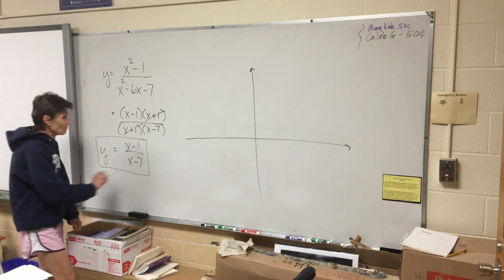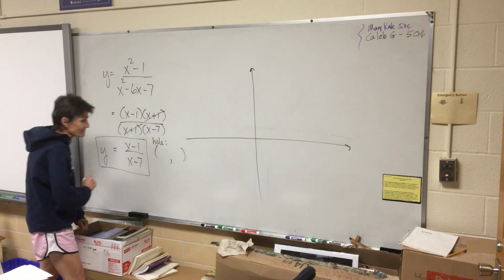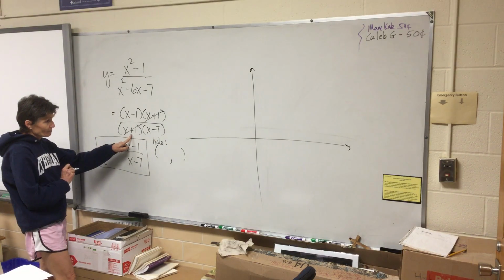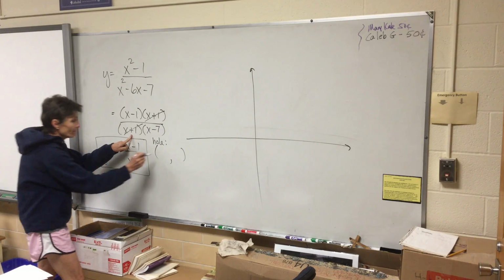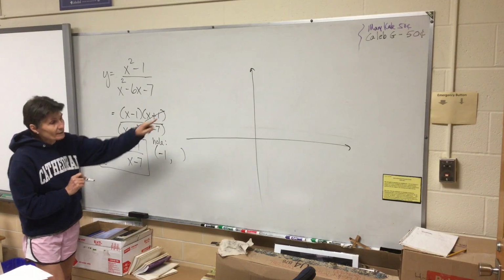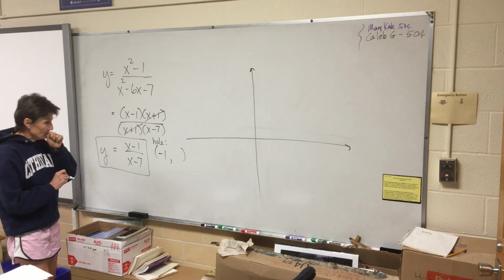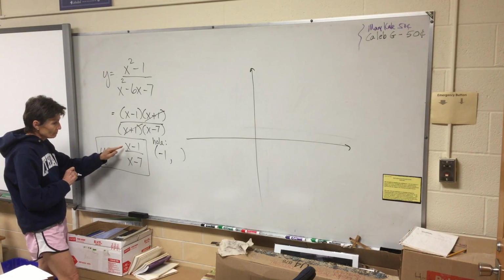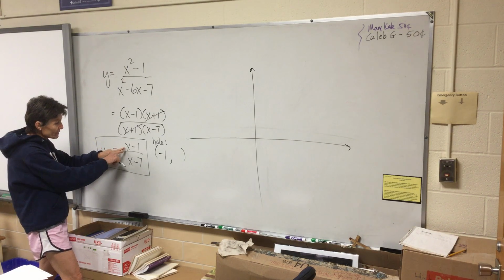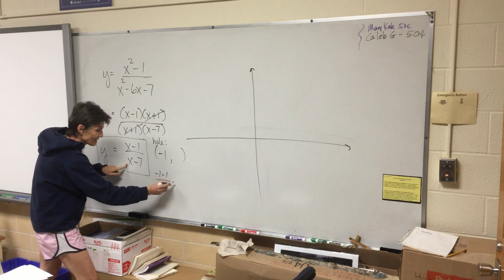But the fact that we canceled means we're going to have a hole where? Minus 1. Yep. And then of course, you're ultimately going to be plotting that, so we need a y value. I'm going to put minus 1 in here, so I'm going to have minus 1 minus 1 over minus 1 minus 7.